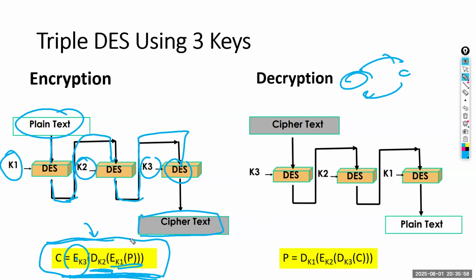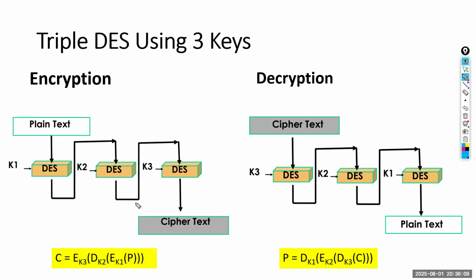So this looks like you are just doing encryption only once because this is just doing an undoing. But it is not doing an undoing, though it looks like that. Why do we say that it is not actually doing an undoing? Remember, this is symmetric key cryptography. DES is a symmetric key cryptographic algorithm.